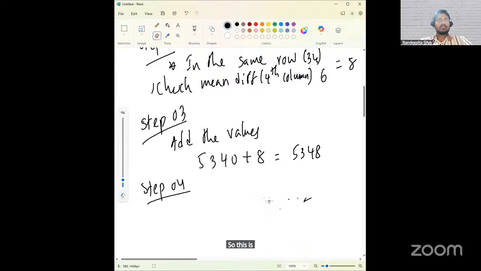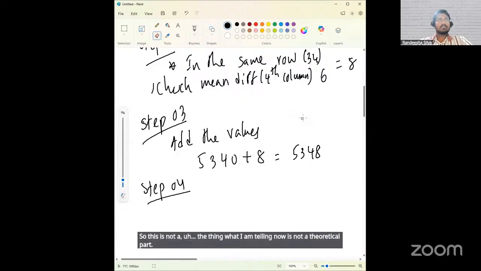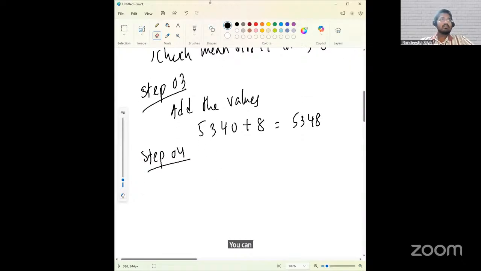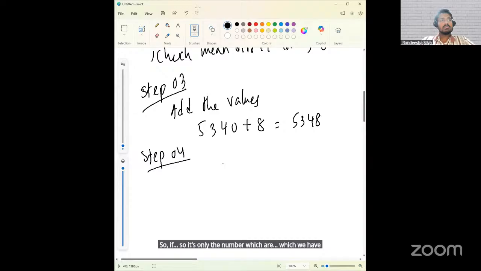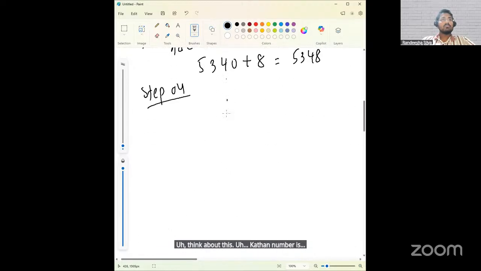What I am telling now is not a theoretical part; you can take this as a point to understand and apply when you're doing the mathematics. Think about the current number 3.422, with one decimal place.